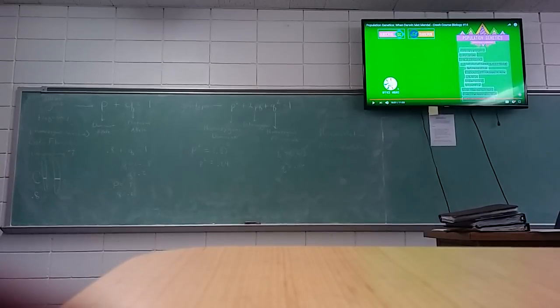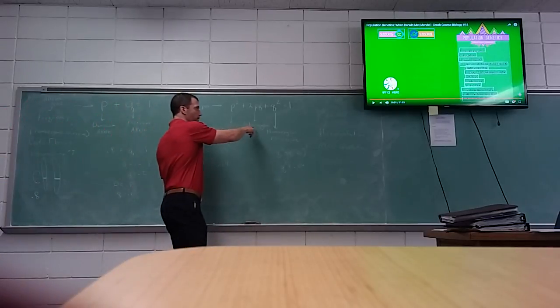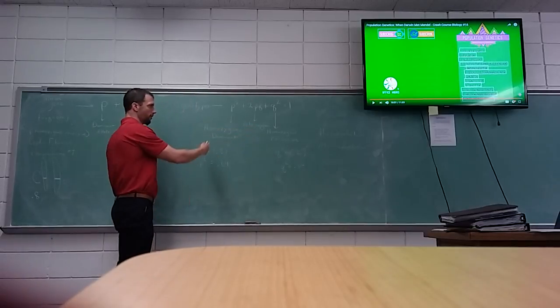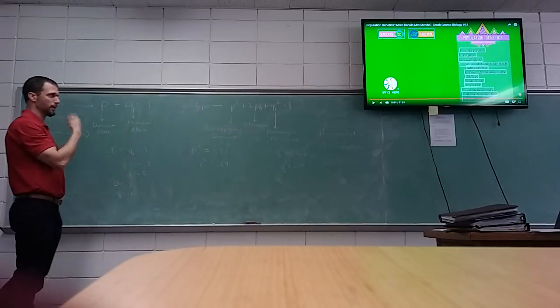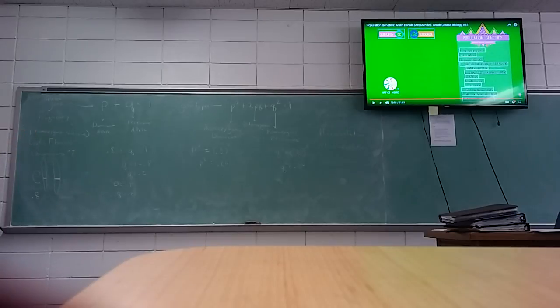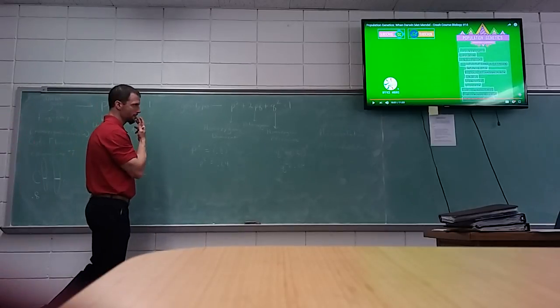And so in this particular population, only 4% of the population has cystic fibrosis. Does that make sense? Because that's the homozygous recessive. Because the carriers don't have the disease, and definitely the dominants don't have the disease. And the carriers don't have the disease because this is a homozygous recessive disorder.